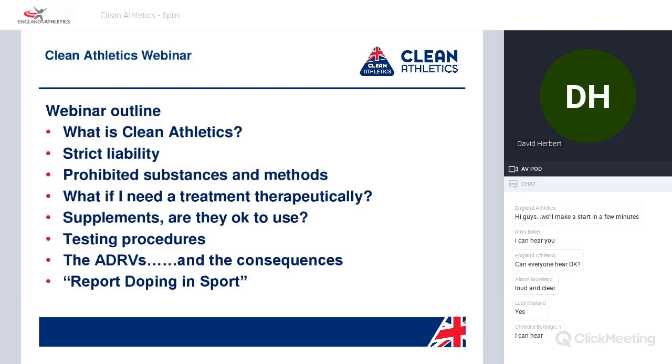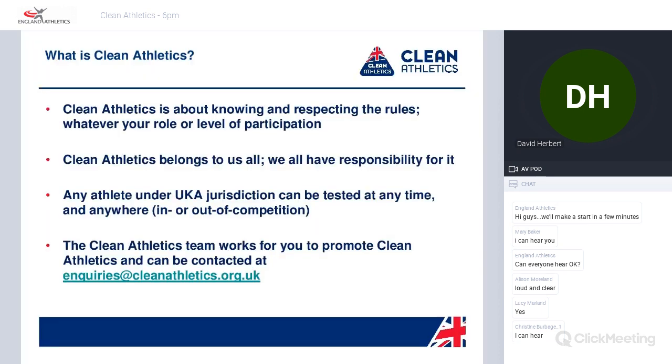And then finally, Report Doping in Sport is UK Anti-Doping's mechanism whereby the athletics community can provide UK Anti-Doping with information about potential doping in the sport. So that's the basic overview of the webinar.